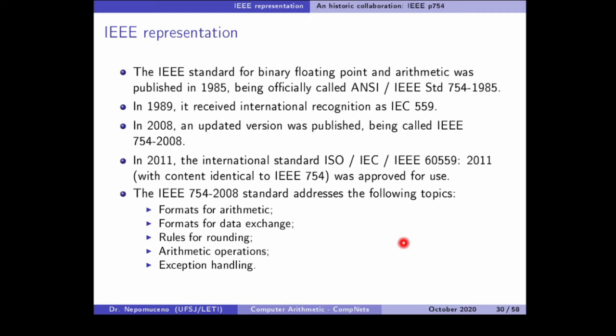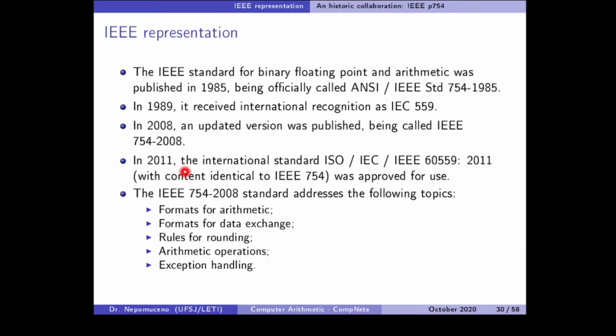The IEEE Standard for Binary Floating-Point Arithmetic was published in 1985, being officially called this number here. In 1989, it received international recognition as IEC 559. In 2008, an updated version was published, called IEEE 754-2008.